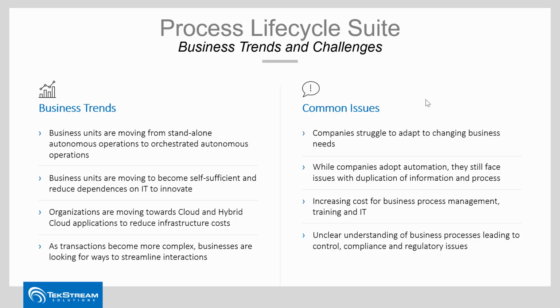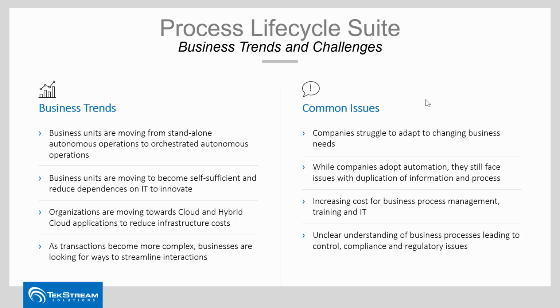So some of the common issues that we're also seeing out in the industry is a lot of companies are struggling to adapt to business changes. Our business world is changing on a daily basis, whether it's new regulations or new products or new ways to interact with our customers that we have to keep up with in order to be viable in the marketplace.